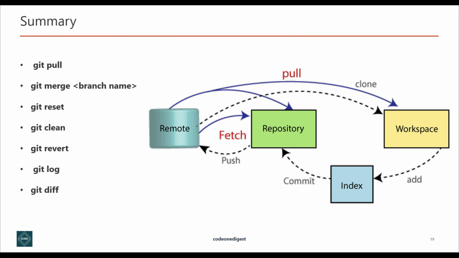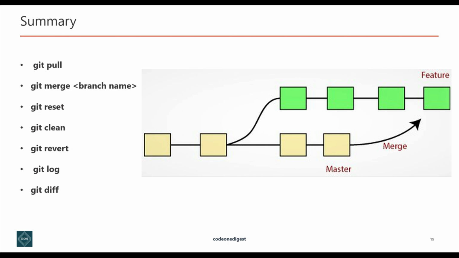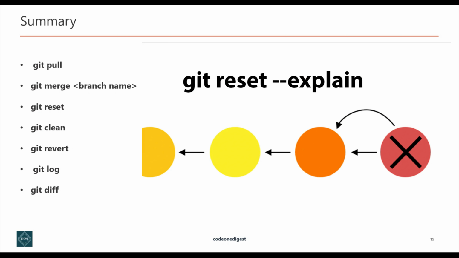With me? Okay friends, now let me summarize what we learned in this video today. We saw the git pull command to pull the latest changes from the remote repository to our local repository branch. Then we saw the git merge command to merge the changes from the given branch to our local active branch. Then we saw the git reset command to reset to a particular version.